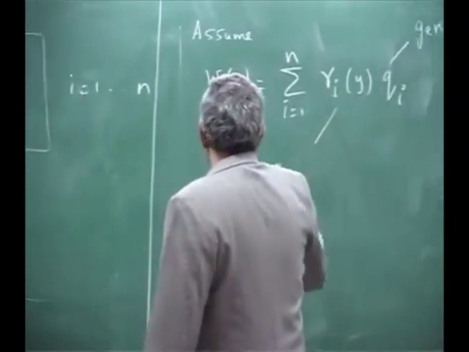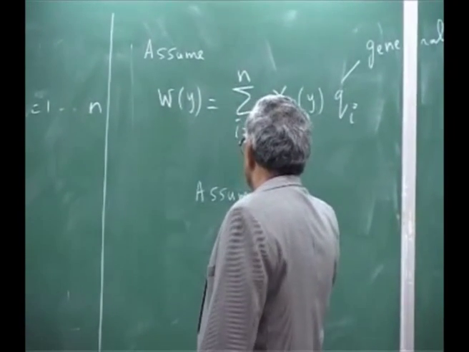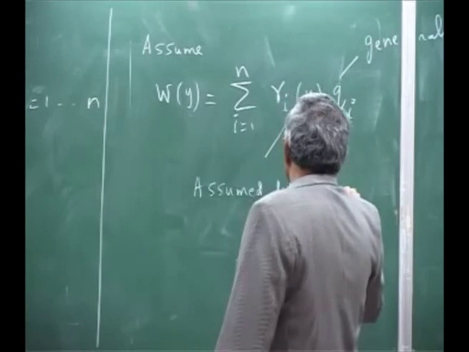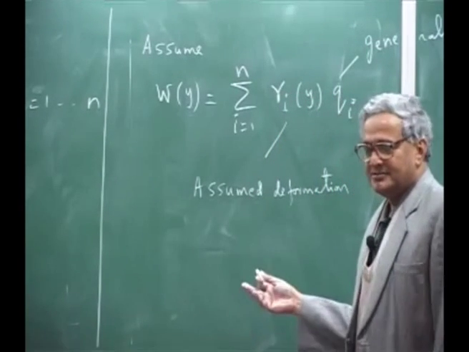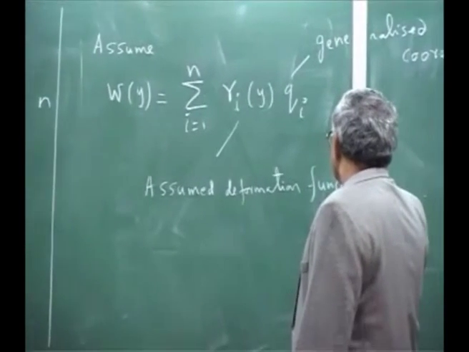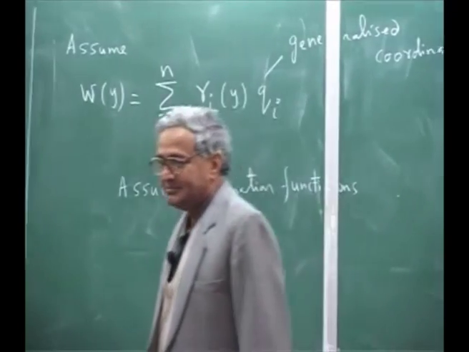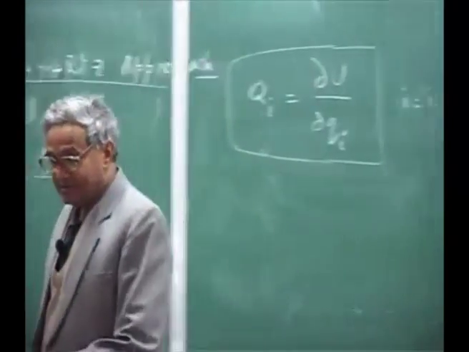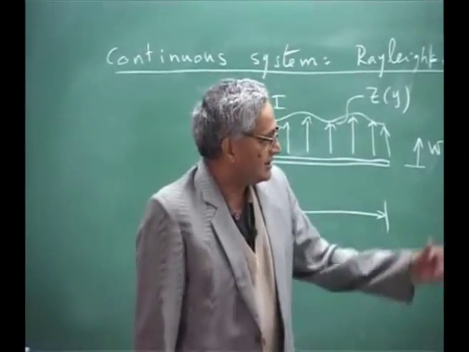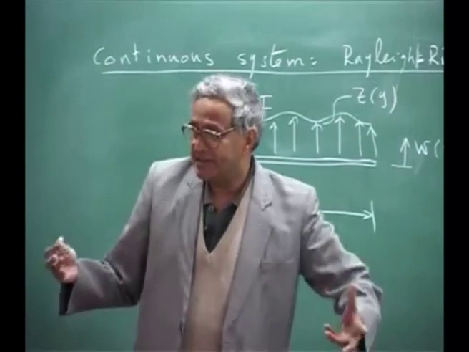You may call them assumed deformation functions. But the important thing is, this is your choice. What are the assumed deformation functions? What is the condition? Is there any condition?